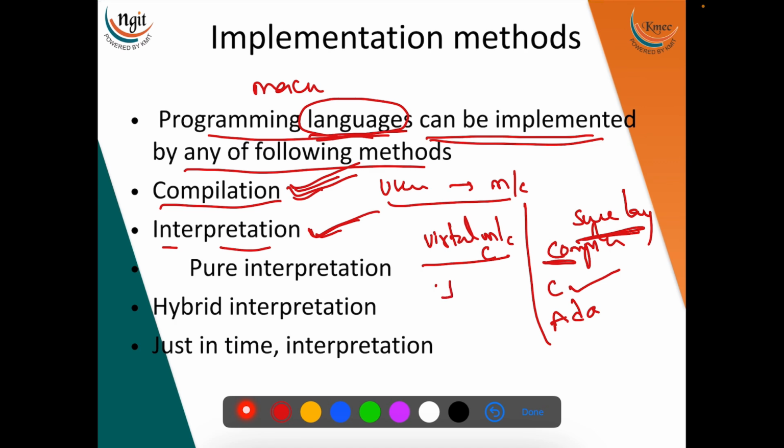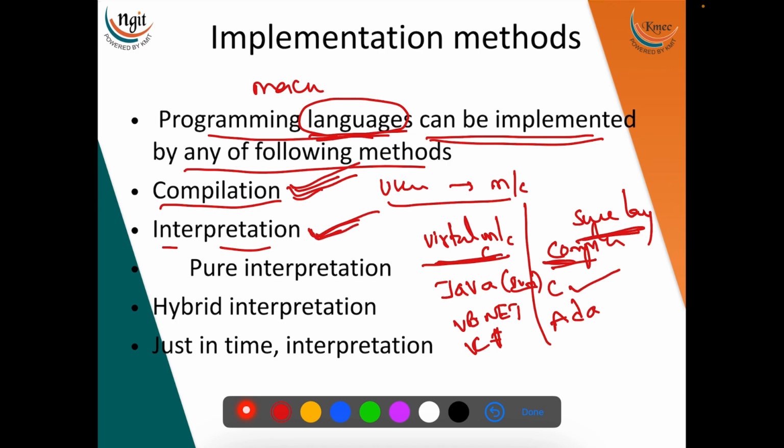Let's suppose Java uses a virtual machine, the JVM, as we say, the Java Virtual Machine. VB.NET and C# also use a virtual machine. So there are languages which use a compiler and a virtual compiler or virtual machine.